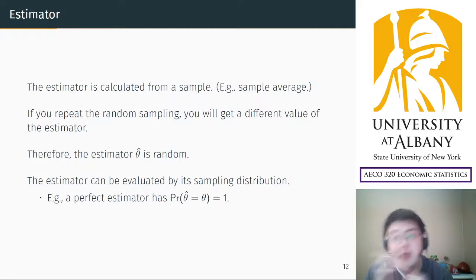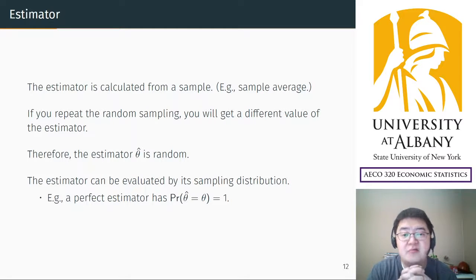So think about this. An estimator is calculated from a sample, like sample average. You should be able to calculate the estimator. And if you repeat the random sampling, each time you are going to get a different value of the estimator, right? So sample average can be different when you have a different set of observations.